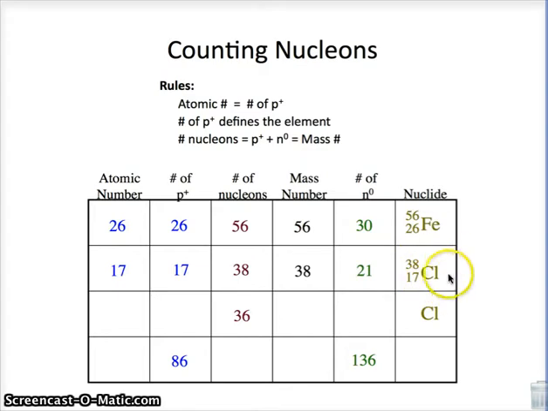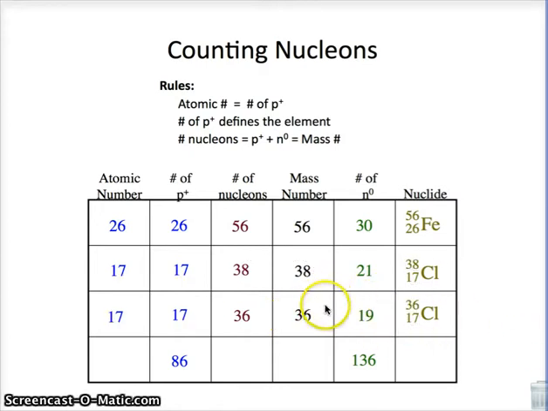Alright, so when you fill in the next line, because this was known, we knew 17, we know 17 and 17. We knew 38, so we knew 38 and 38. And since we know protons and neutrons equals the mass number, again I subtract, so now I get 21. Pause, go to the next slide.